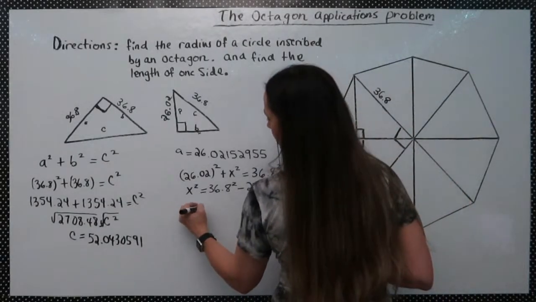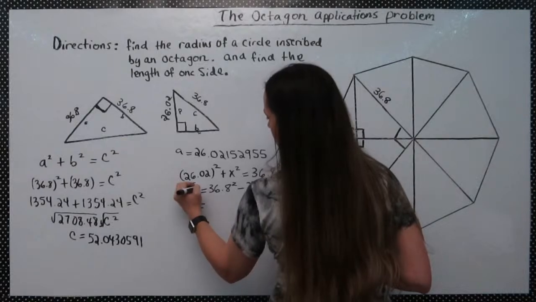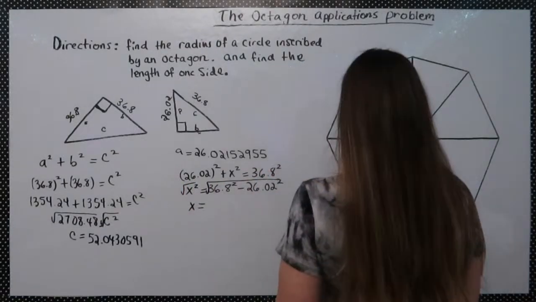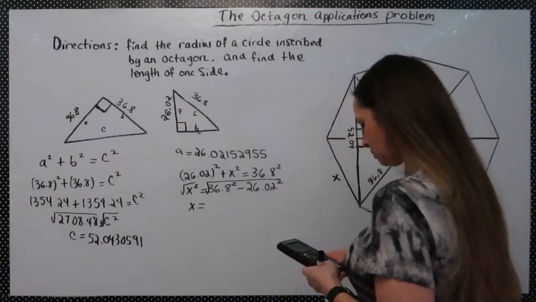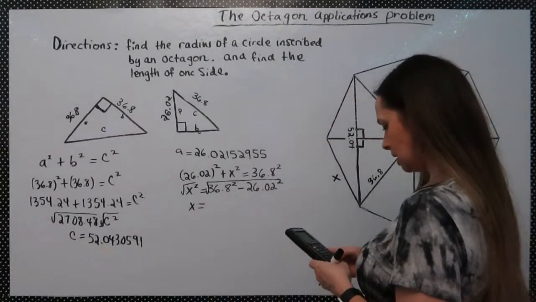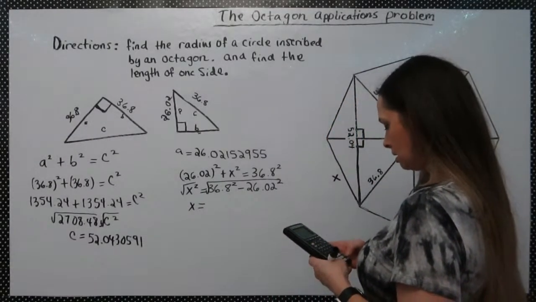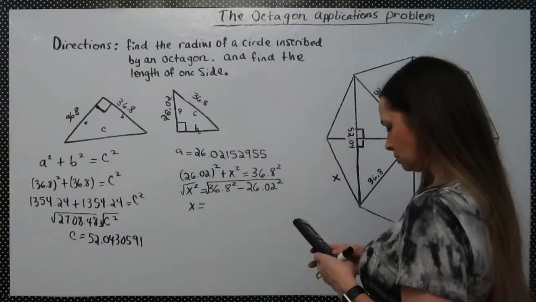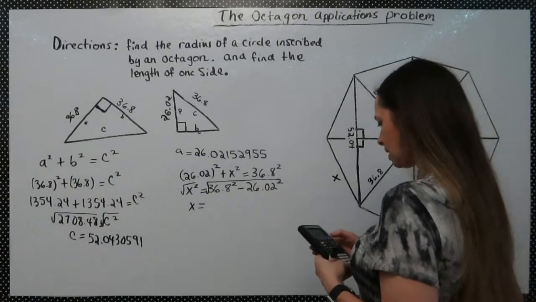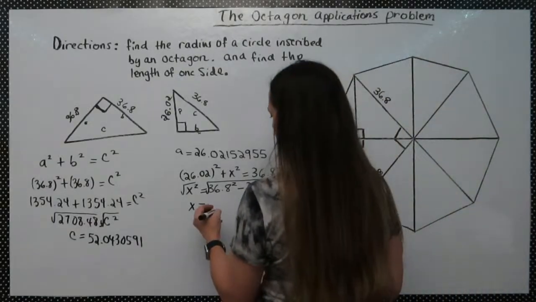So we'll go ahead and take the square root of both sides. And then we're going to get, let's see, the square root of 36.8 squared minus 26.02 squared. Okay, I'm getting 26.02.